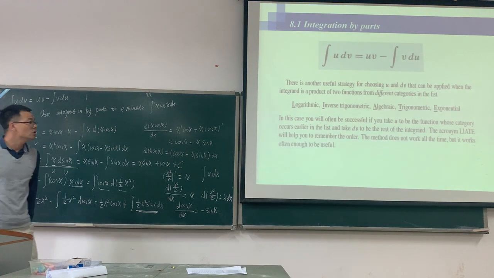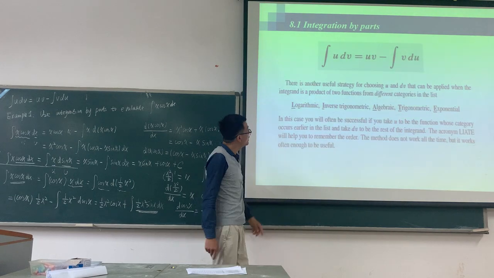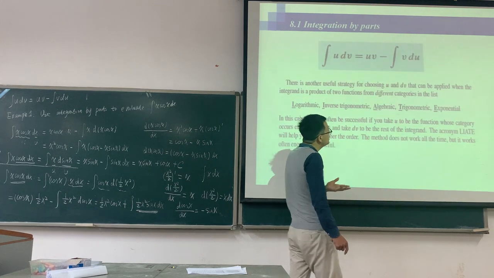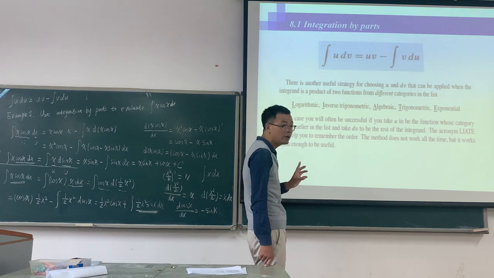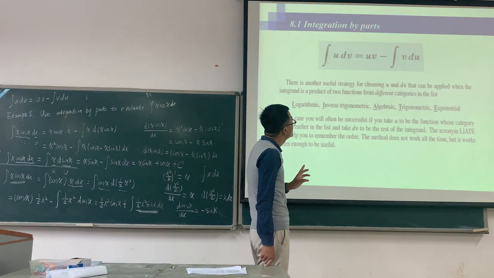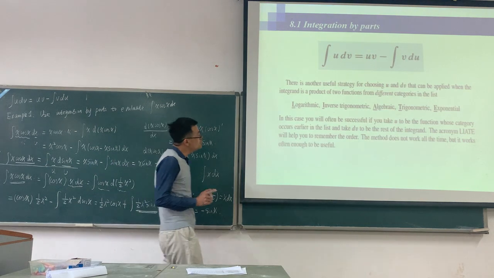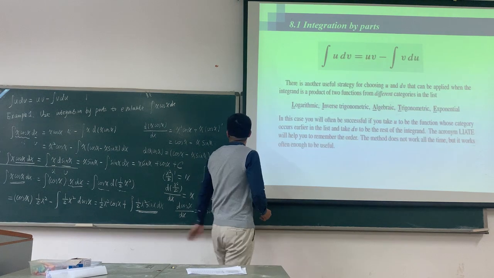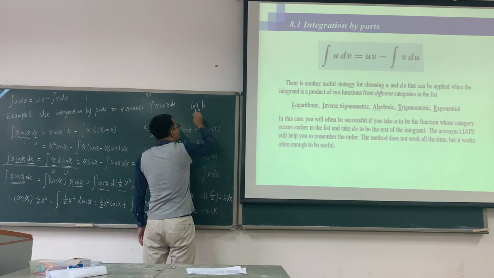So now let's see a sentence in the book: there is another use for choosing u and dv that can be applied when the integrand is a product of two functions from different categories in the list. We choose u from the logarithmic functions, meaning log base a of b.